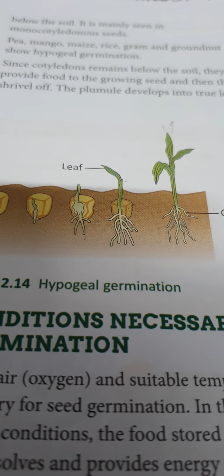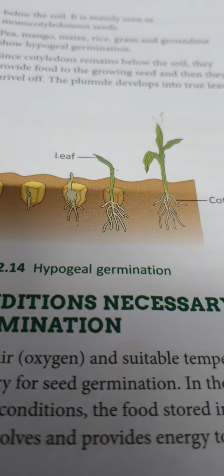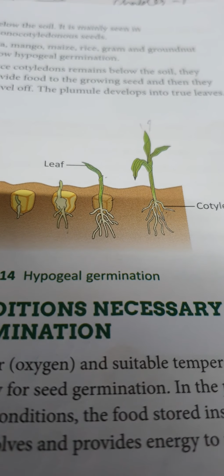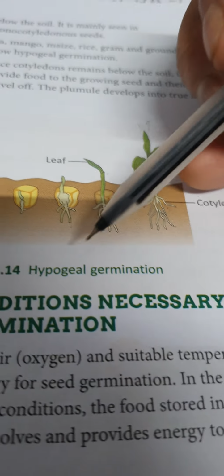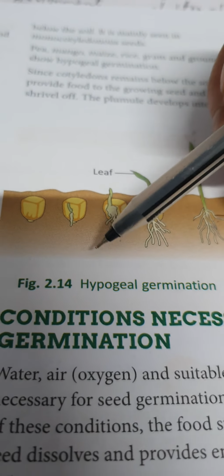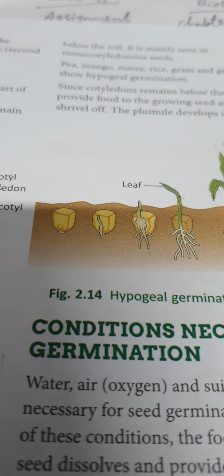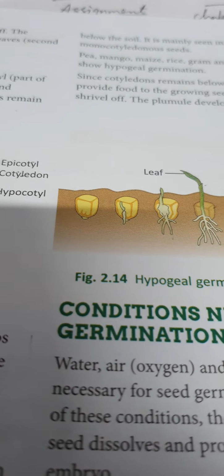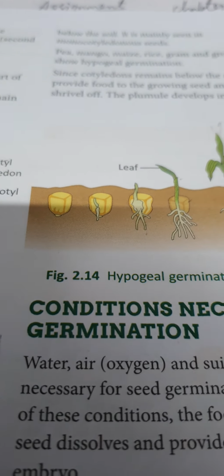Hypogeal germination. Now, over here I can show you how this happens with the help of the figure which has been given in your book, figure number 2.14, that is hypogeal germination. Now, in hypogeal germination, what happens? The seed absorbs the water and swells up. After some time, the radicle pierces, means what?